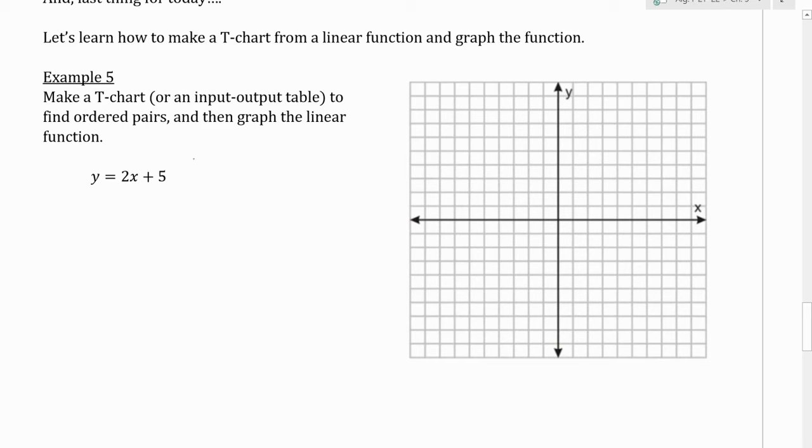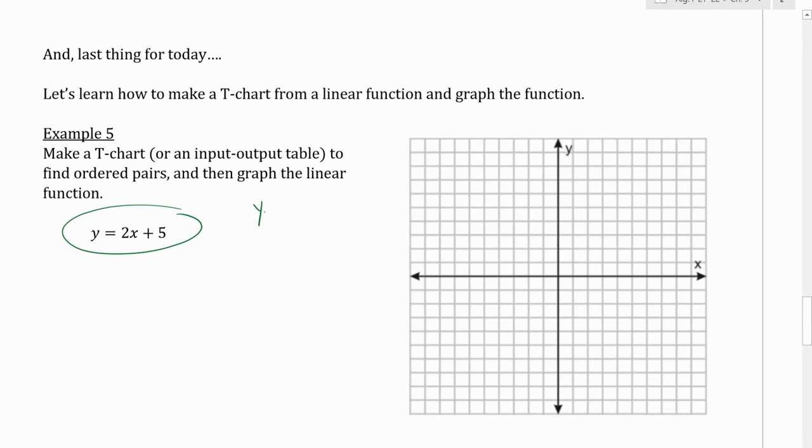We're going to take this equation, which is a linear equation, because I can write it like that. There's some number x plus some number, okay? Now I'm just going to figure out some points that I can put on here. So if I plug in a 0 for x, that gives me 0 plus 5.